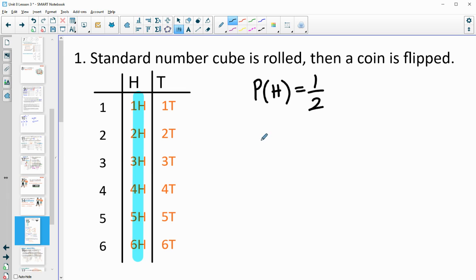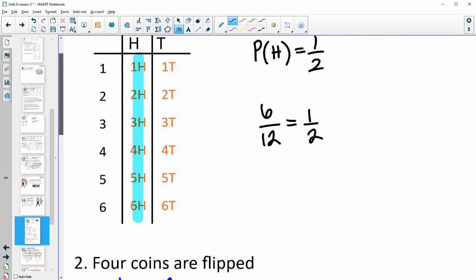You could also say I see heads in 6 out of the 12 outcomes. So heads appear 6 out of the 12 total times. That simplifies to 1/2. And so depending on your representation, maybe it was that heads shows up in half the branches if you did a tree diagram.